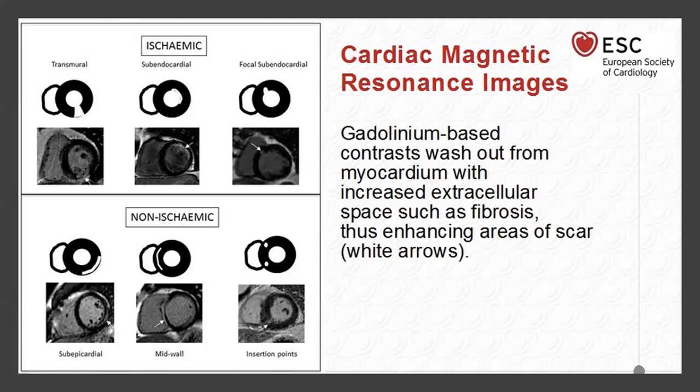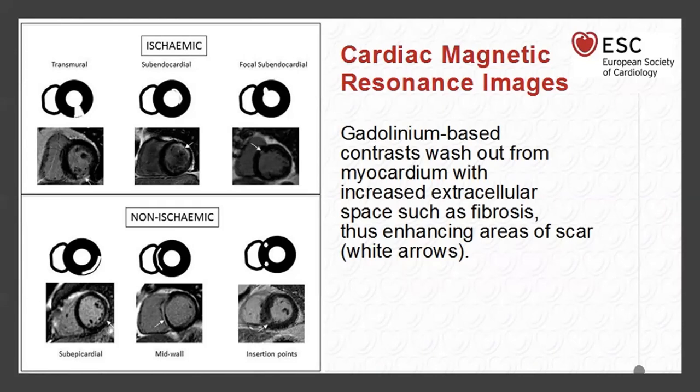But also what you need to be aware of, in places where there's no resource limitation, is that we can do a cardiac MRI to show if there is any transmural or subendocardial ischemic event, or if there is a non-ischemic event.